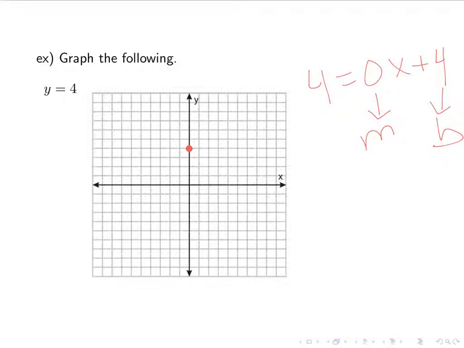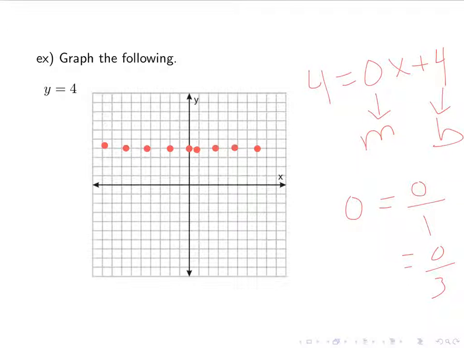Slope is 0. 0 I can write as 0 over anything that's not 0. So for instance, 0 over 1, or 0 over 3, or 0 over any number. Again, that's not 0. Which means I'm going to rise 0 and run so many numbers. So I can go by 1, I can go by 3, I can go by any amount.